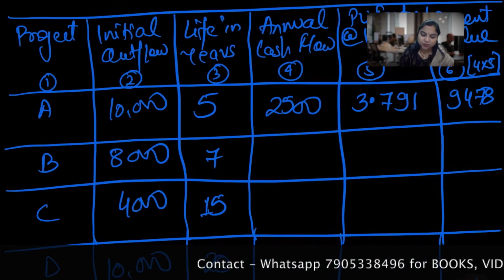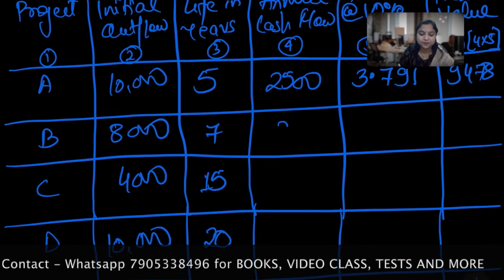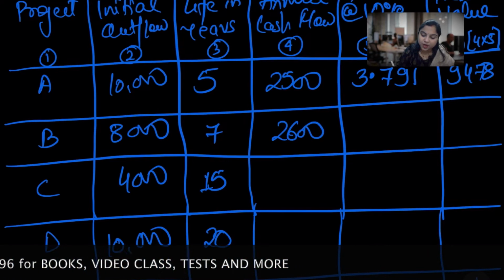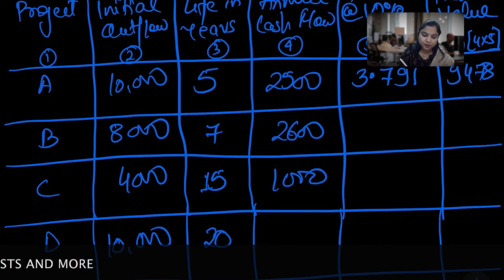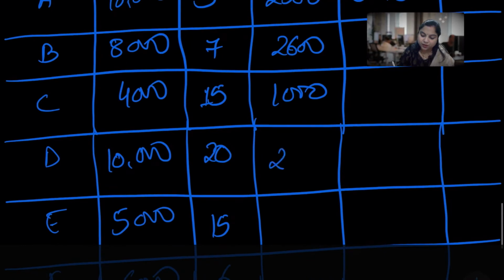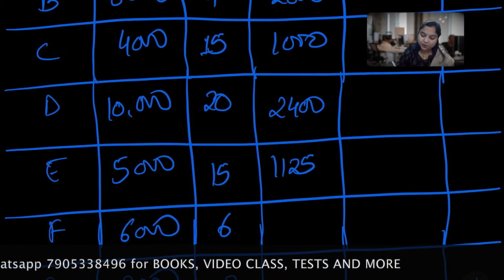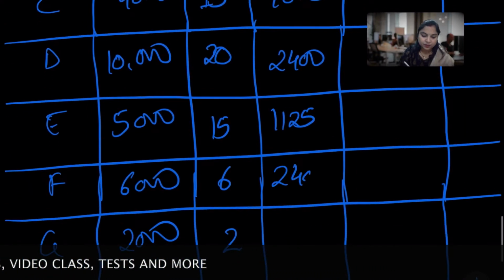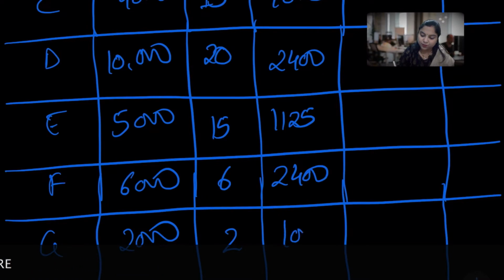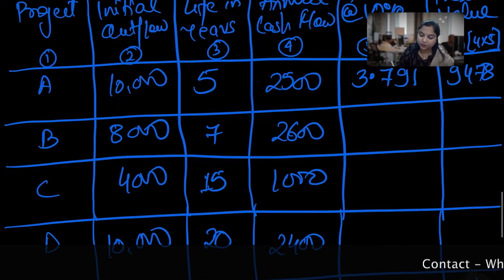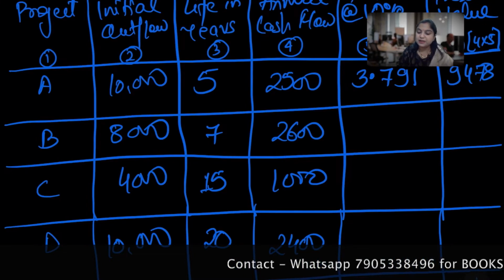So annual cash flow is 2500 for A, and for B we have 2600, for C we have 1000, for D we have 2400, for E we have 1125, for F we have 2400, and for G we have 1000.